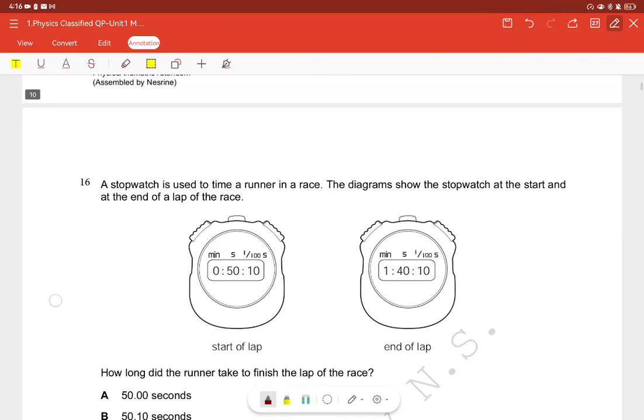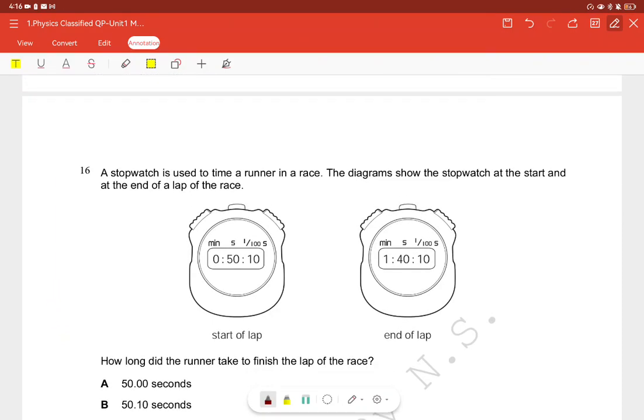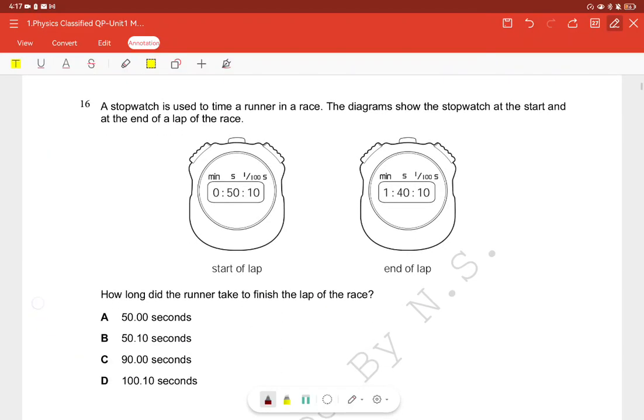A stopwatch is used to time a runner in a race. The diagram shows the stopwatch at the start and at the end of a lap of the race. How long did the runner take to finish the lap of the race?